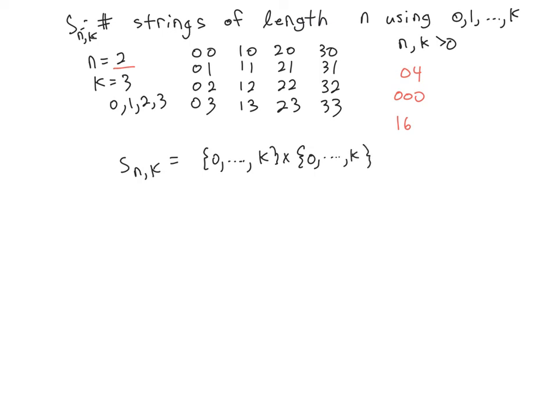So this first set corresponds to the first coordinate, or the first symbol in your string. The second set corresponds to choosing the second symbol in the string, and so on.